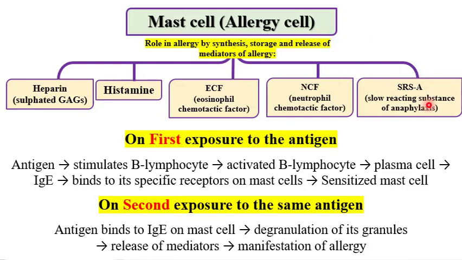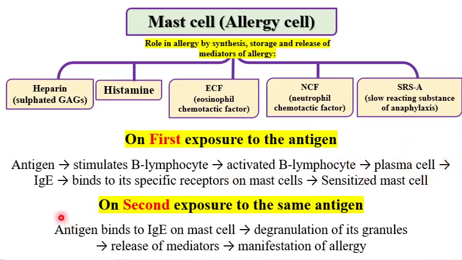allergy, sorry. So what happens if we are exposed to allergic antigen? On first exposure to the antigen, it stimulates B lymphocyte to become activated B cell that forms the plasma cell.